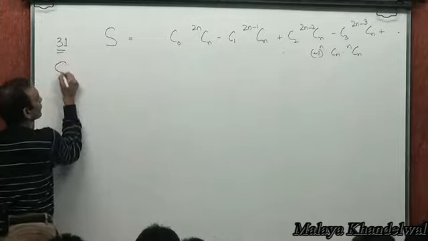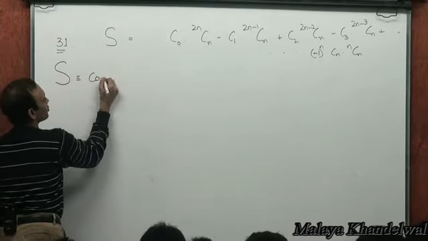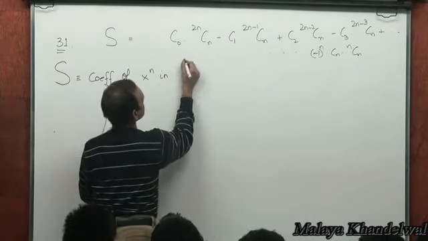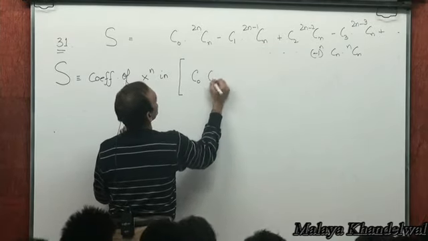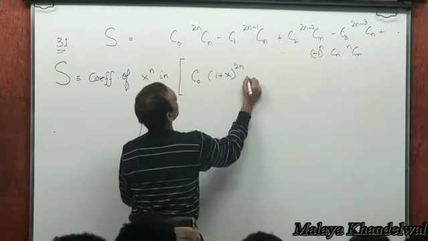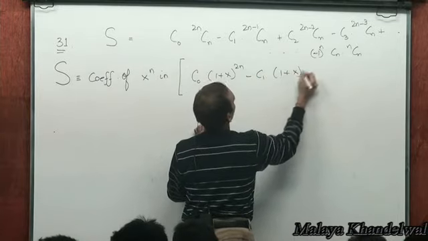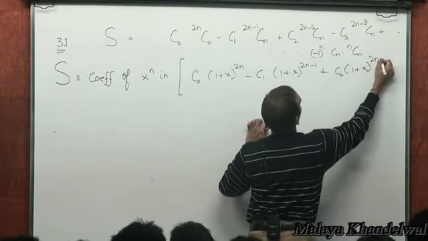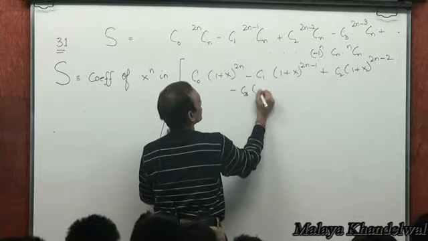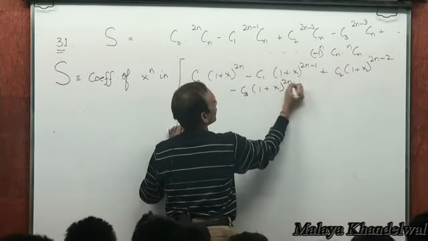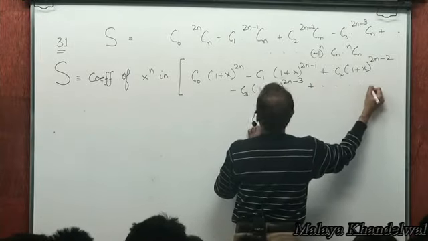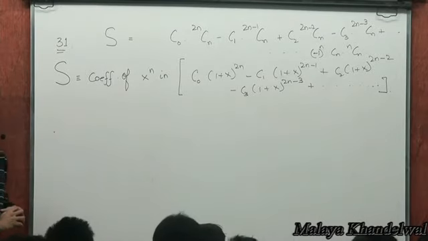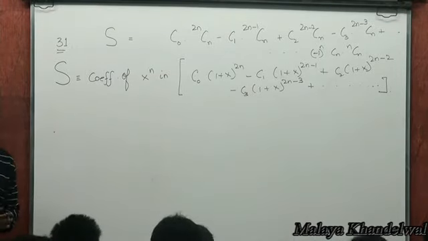S is the coefficient of x^n in C0 (1+x)^2n minus C1 (1+x)^(2n−1) plus C2 (1+x)^(2n−2). Yes or no? Clear? So far so good?